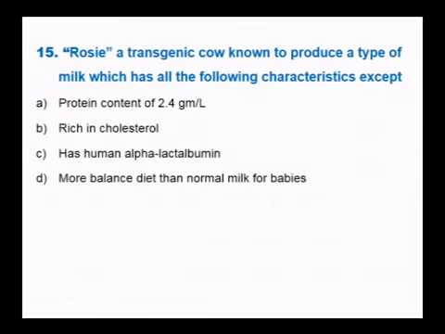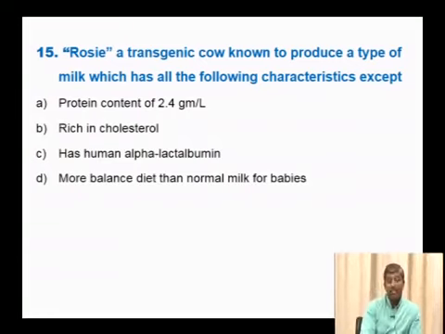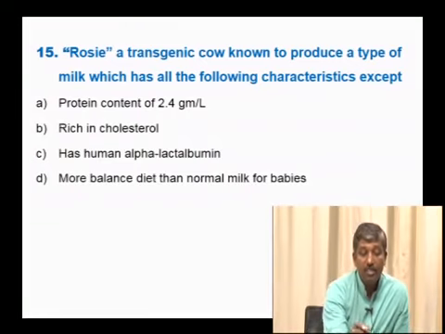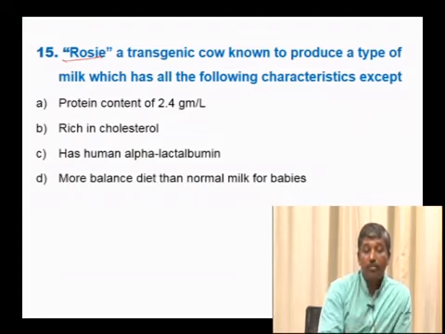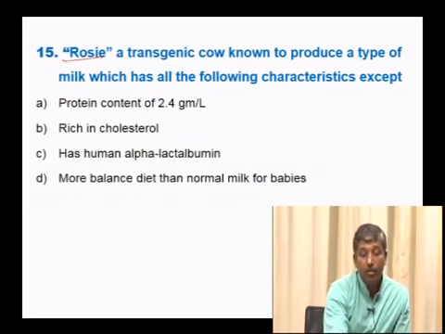Next. Rosie, a transgenic cow, is known to produce a type of milk which has all the following characteristics except. It is the first transgenic cow developed, with protein content 2.4 grams per liter, rich in cholesterol, has human alpha lactalbumin, a more balanced diet than normal milk.